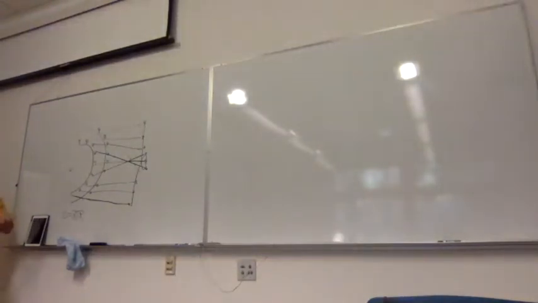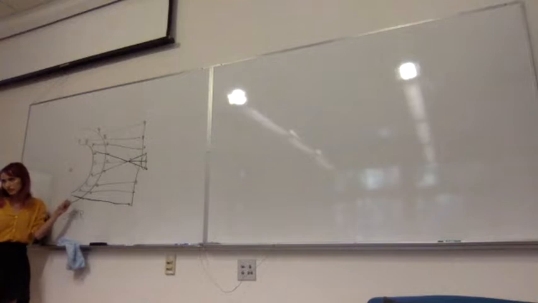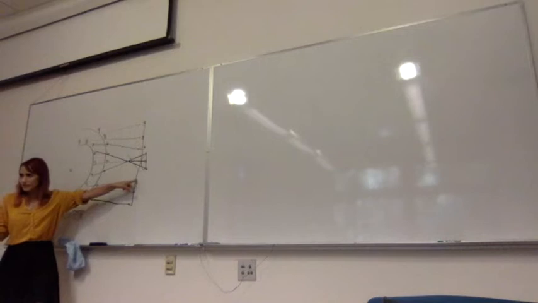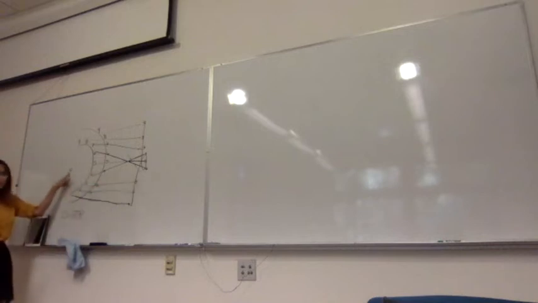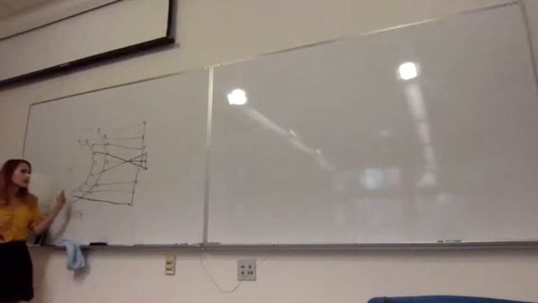Back when they thought that the Earth was at the center of the universe and all the planets revolved around Earth, they had some trouble explaining why it looked like this. Because it makes sense if everything runs around the sun. It makes sense why it looks like that, because they're just going in normal circles.